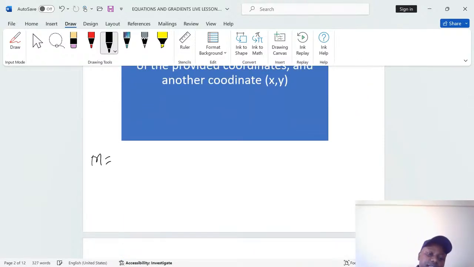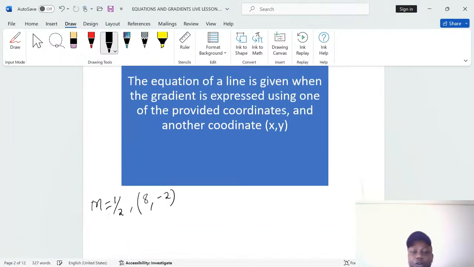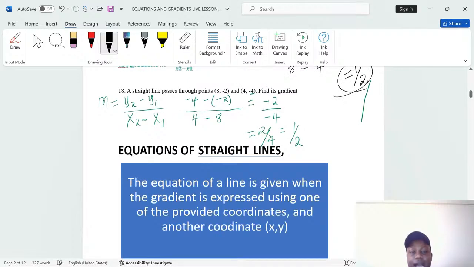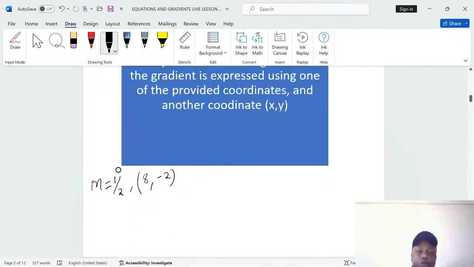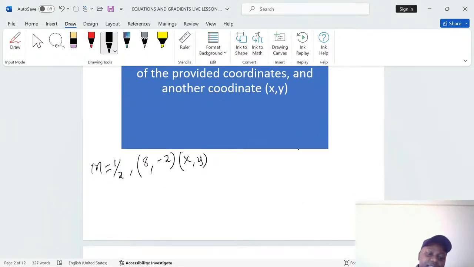The gradient is half. One coordinate is (8, -2). I should confirm that. Yeah, (8, -2). Then we talk of another coordinate, which is let to be (x, y). Let me now express the gradient. When we say gradient, we mean the gradient whose value is known is given by change in y, that is y minus the y coordinate on the other side.